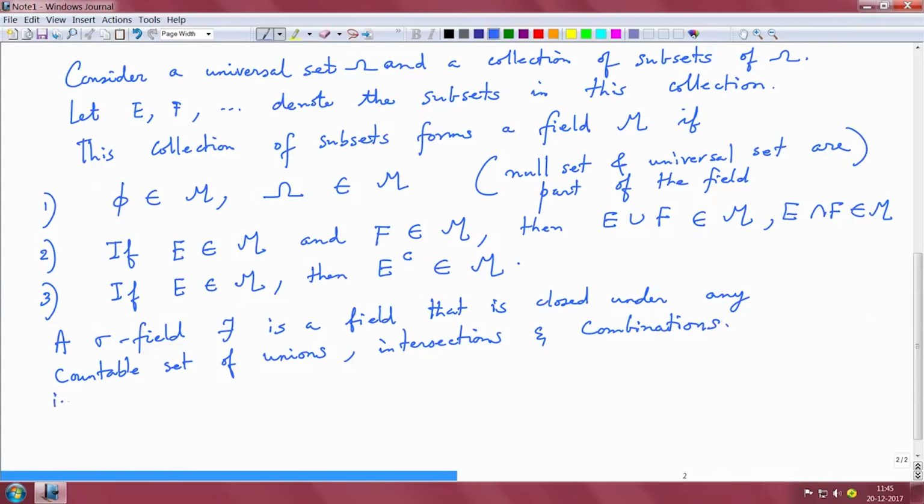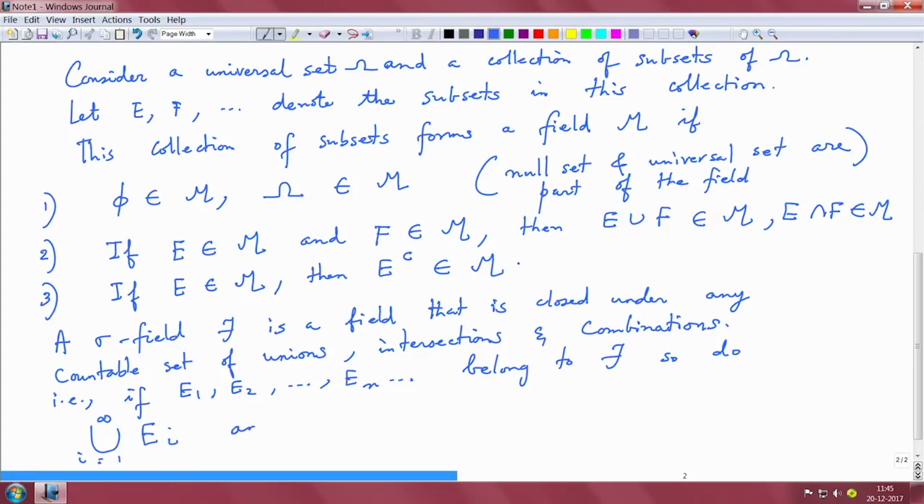That is, if E1, E2 and so on till En, maybe you can extend this, belong to the field. I said we can extend this, E1, E2 and so on, because you can have infinite such sets. So, if they belong to the field, so do the union of all these sets and the intersections.